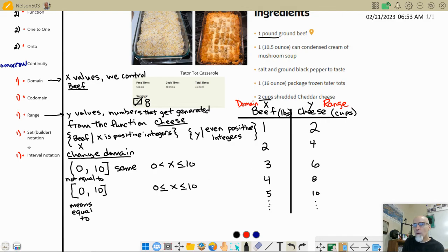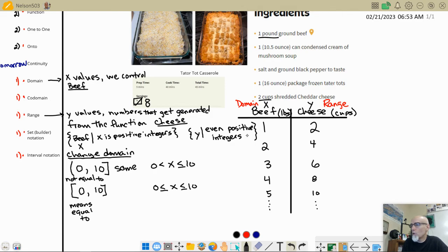So now we've talked about set builder notation, we've talked about interval notation, we've talked about range, but what the heck is this thing called codomain? In all honesty, in pre-calculus and all that kind of stuff, I don't think we really deal with codomain. But here's the way that this author is defining codomain. Codomain is going to be the same as the domain unless somebody comes along and says something different about it.